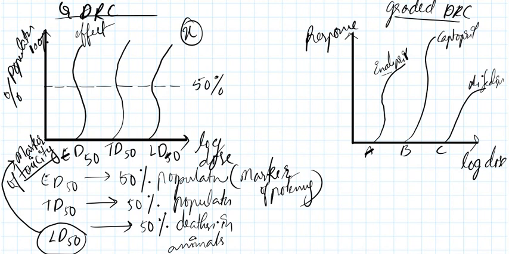Now the taller the graph, the higher is its efficacy. Taller the graph, the effect produced by the drug is more. So what is potency?